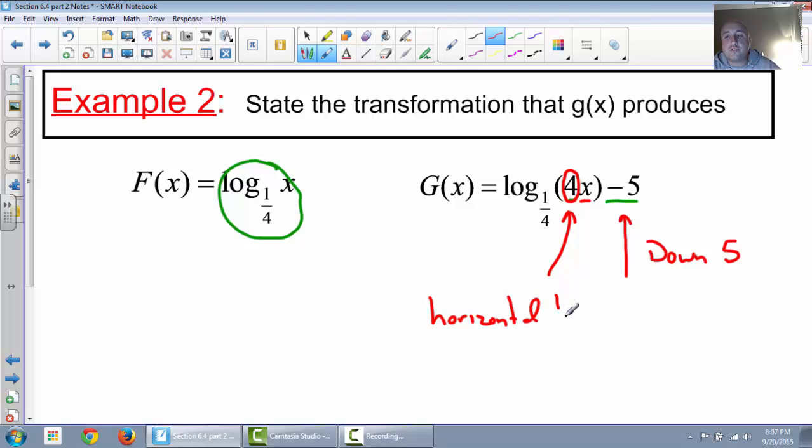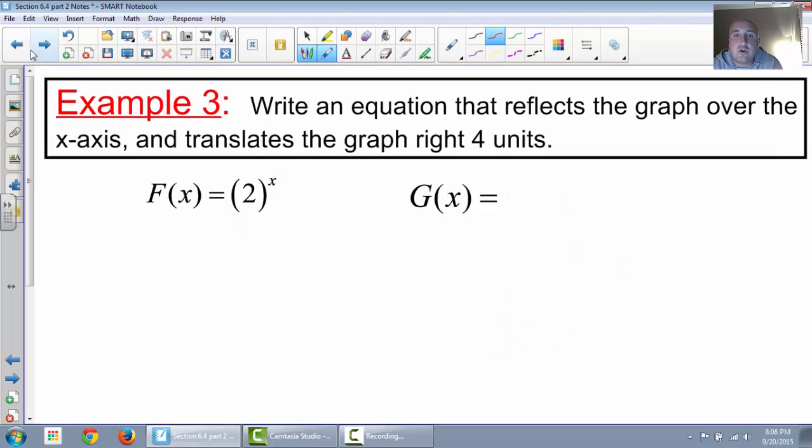So instead of 4, we're going to use 1/4. So when it's a fraction, it is a shrink. So we're making it narrower by 1/4 of a unit.